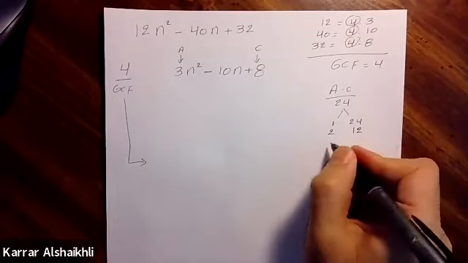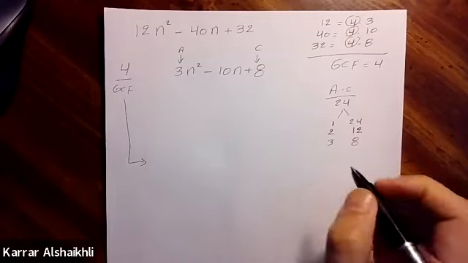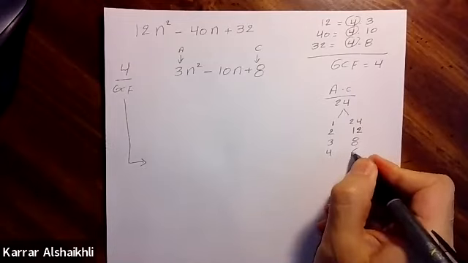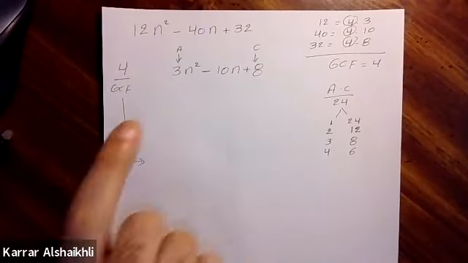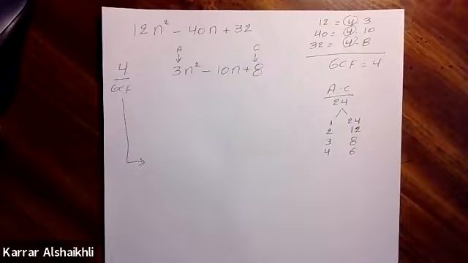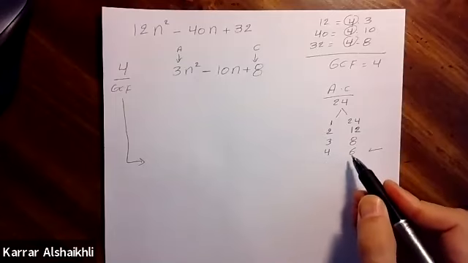What else? 3 and 8 is going to be 24. 4 and 6. Now tell me, how many options do you have to get negative 10? Which option? The number 4 and 6. Okay, because you're gonna say minus 4, minus 6.